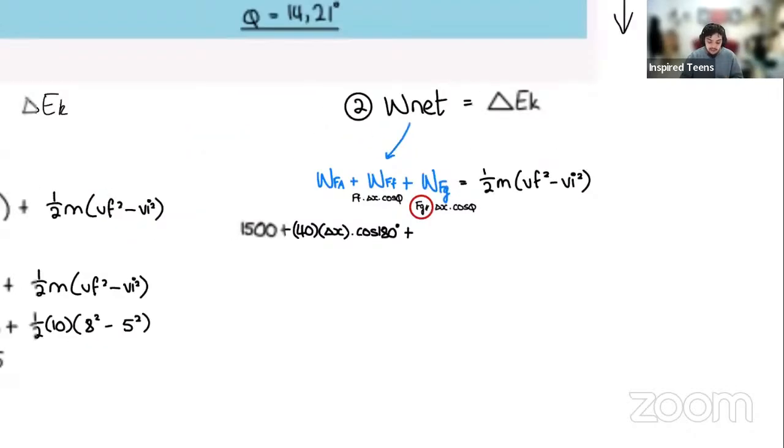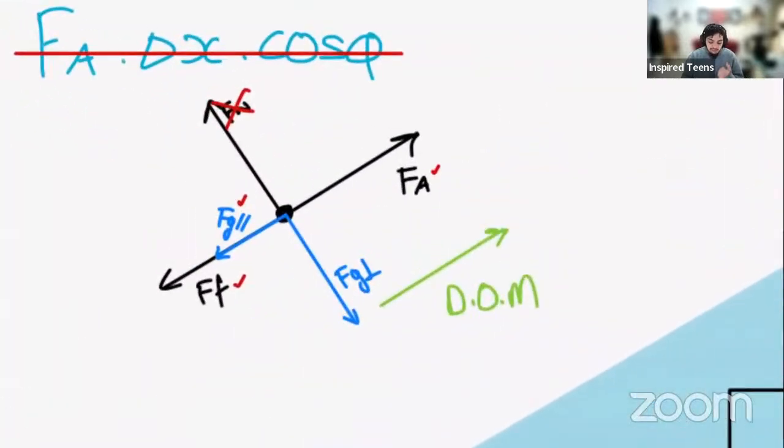You don't understand why we don't use Fn? Let's consider the direction of motion. What is the direction of motion for this object? The direction of motion is up the slope. The reason we do not use Fn is because Fn is perpendicular to the direction of motion.